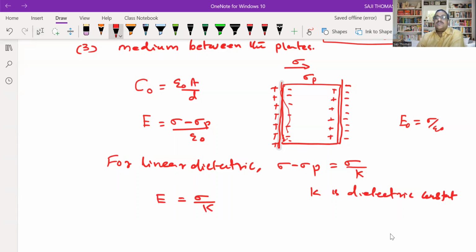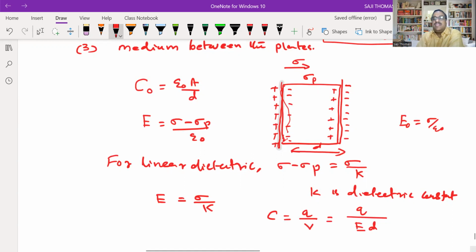Now you can write the equation for capacitance. C is equal to Q by V. What is V? V is E into D, where D is the distance between the plates.